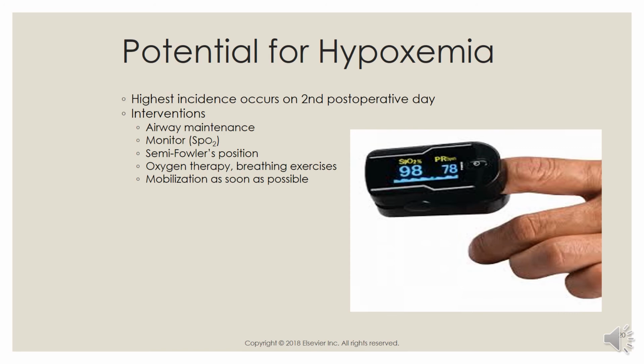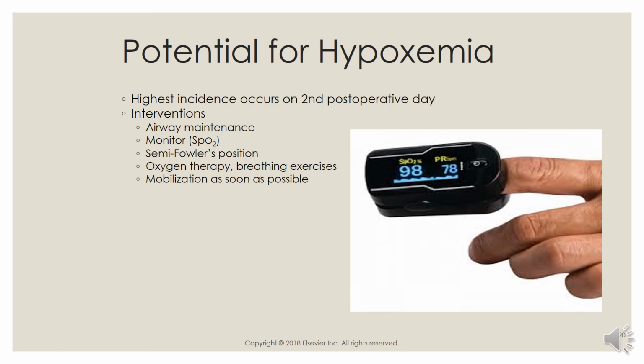We want to monitor our SpO2 or our pulse ox. Put the patient in semi-Fowler's position. We want to do oxygen therapy if they need it, breathing exercises for sure, and get them up and moving as soon as possible. So it's not unusual for post-op patients to need a little O2 for the first 12 to 24 hours.